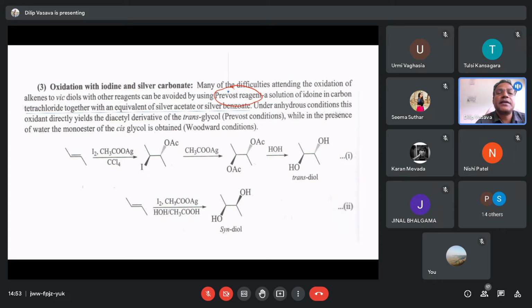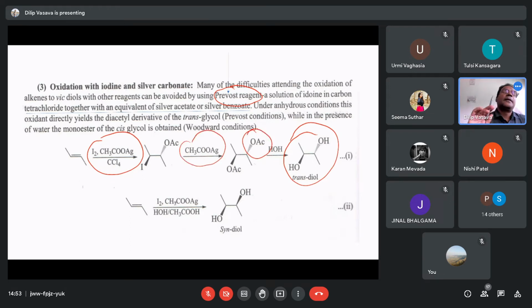That is given by Prevost, and that is why it is called the Prevost condition, and this reagent is known as the Prevost reagent. By using this, it also gives the diol via the acetate derivative, because silver acetate is utilized in the reaction, but the ultimate product is the trans diol.